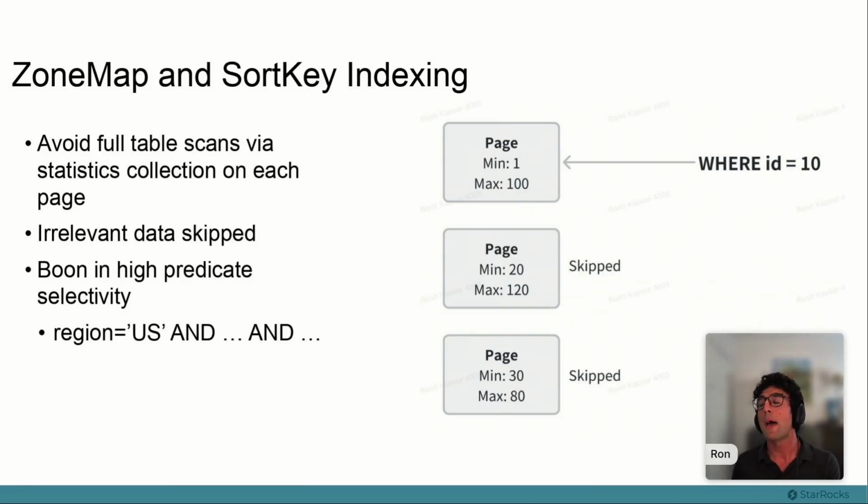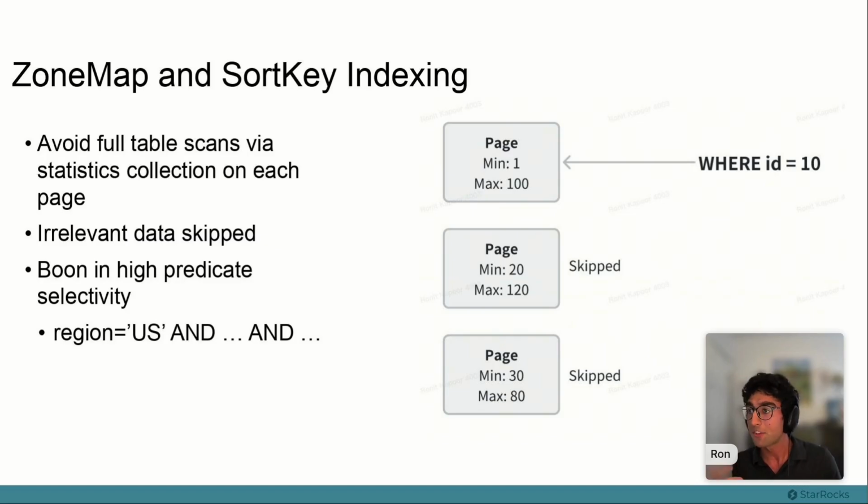Next feature, ZoneMap and SortKey indexing. The whole point of this is to avoid full table scans and have closer statistics collection on each page. Now with ZoneMap, the main source of performance improvement is that it reduces the amount of scanning. By being able to leverage the selectivity of certain predicates, say I want to select by US and in between a set of dates, I can actually sort my pages so that I have min and maxes on each of those pages.